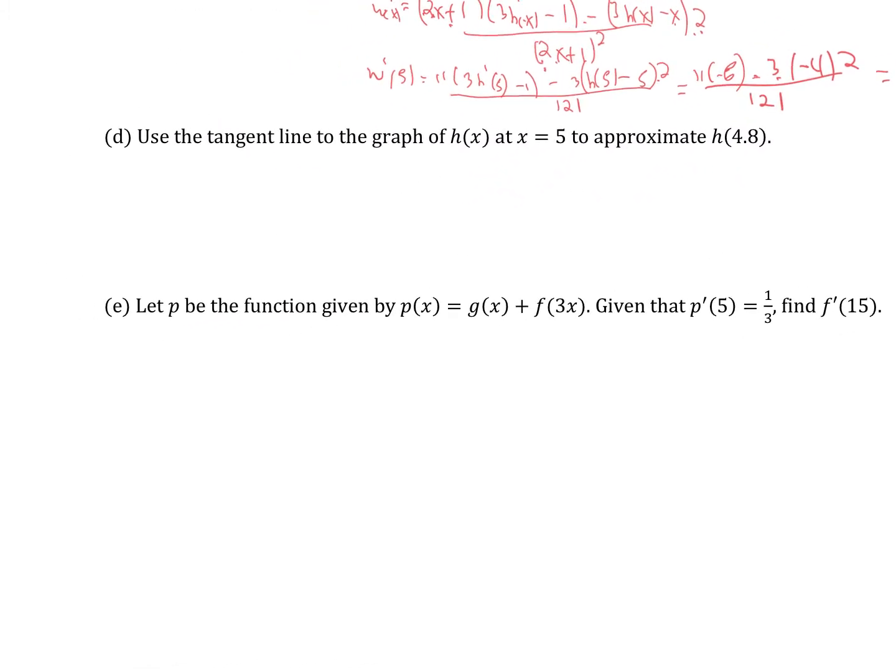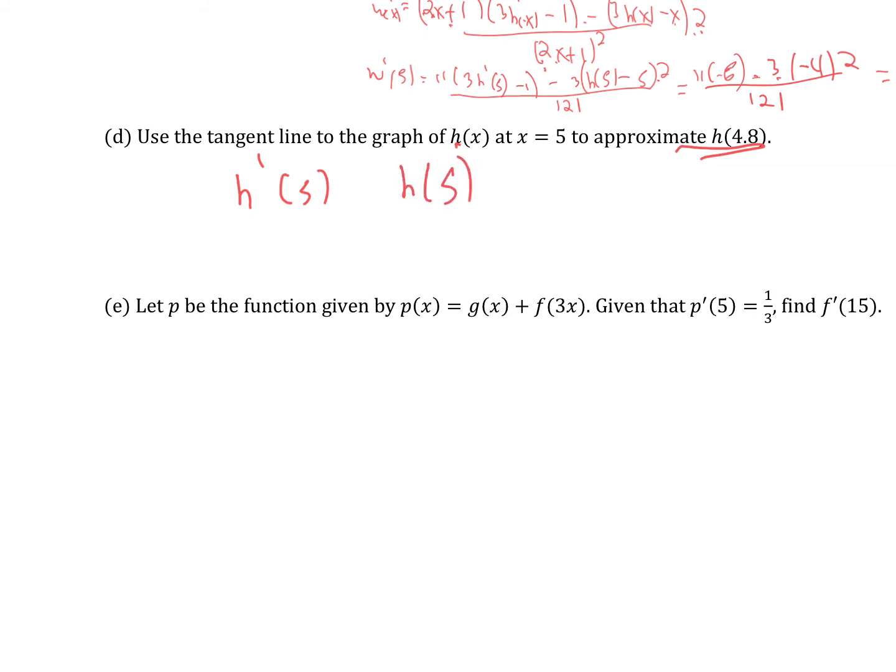Find the tangent line to the graph of h at x is 5, to approximate a tangent line approximation. So since I'm looking at the tangent line of h at 5, I need h prime at 5, and I need h of 5.